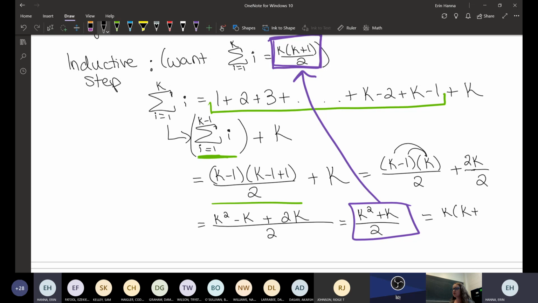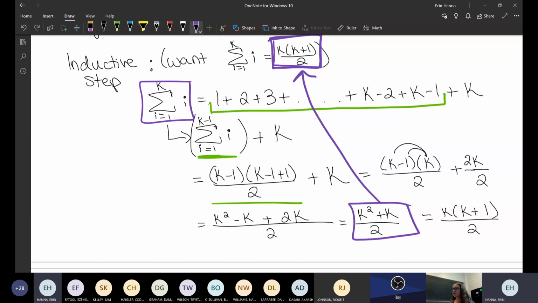The algebra is really the hardest part as long as you have the process in your brain. But if I factor that k out, then I have exactly what I wanted. I've just shown that the sigma notation is equivalent to the proper other side, if you will. I've just shown that it gives me exactly what I wanted.